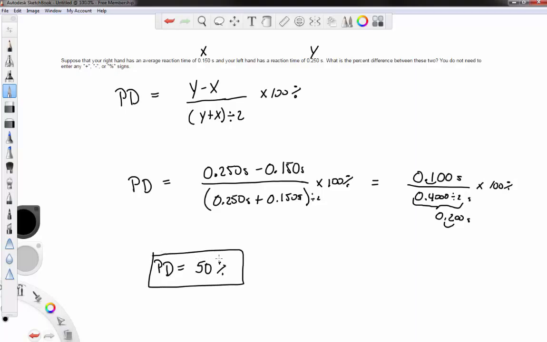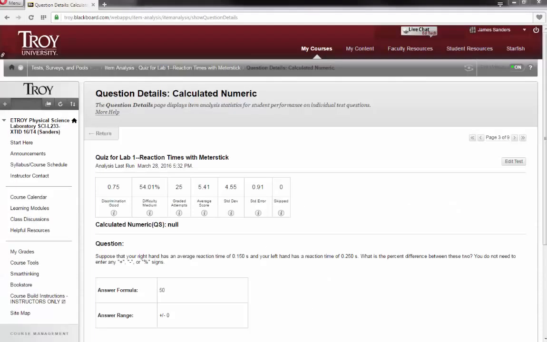And actually I shouldn't put a box around that because so far I have been saying just put the number in to the box. So really you would enter 50 into the box for your answer. And you can see that the answer that I have here is 50.